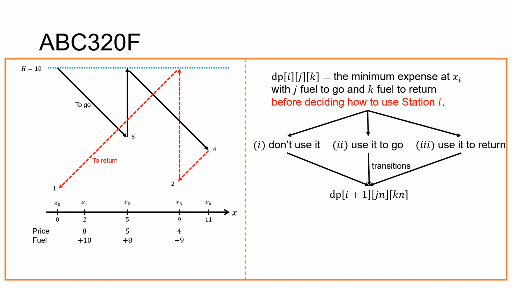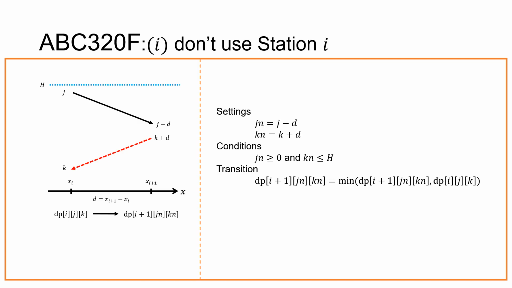From this state, we decide how to use station i and think about the transitions to the next state dp of i plus 1, jn and kn. Now assume we are in the state dp of i, j and k and think about the case where we decide not to use station i.